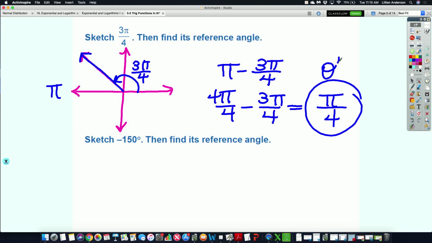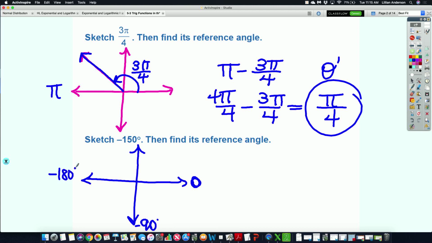Now it says to sketch negative 150. Well, negative 150 is heading which direction? Clockwise. So since we're dealing with degrees, if I go clockwise starting at 0, this would be negative 90, because I've gone a quarter of 360. And then here would be what?